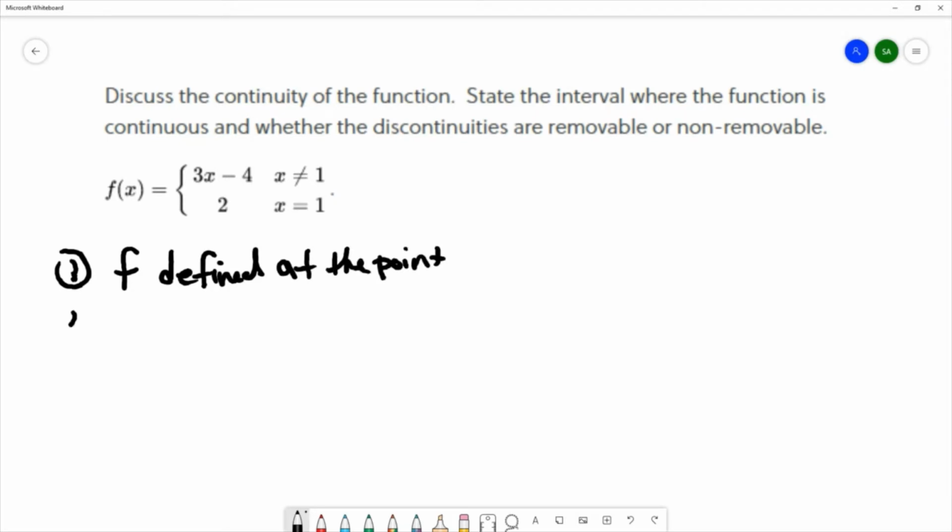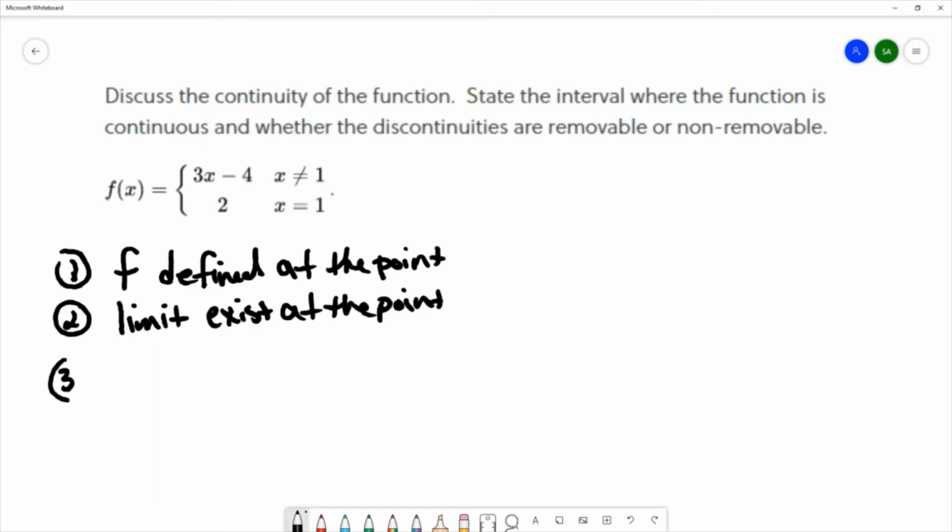Number 2 is that the limit exists at that point. And then number 3, the limit must equal the function value, the function definition at that point. The limit at that value must equal the function at that value.